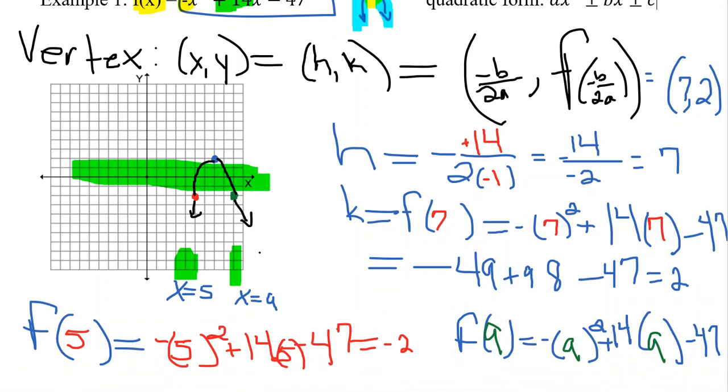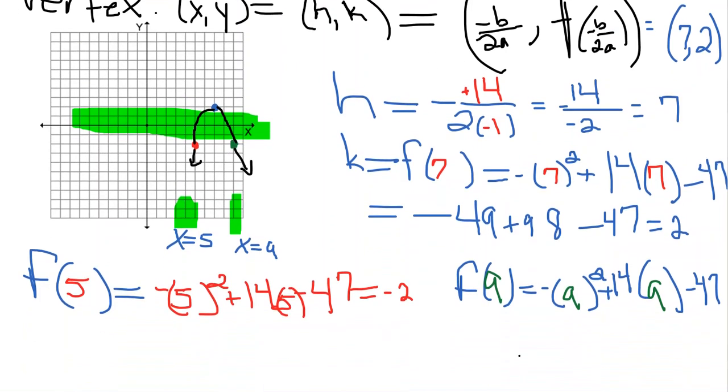And if we want to talk about the domain and range, let's do that for a second. The domain is all x values, right? Whenever I read the domain, I always start from negative infinity and go to the right, to positive infinity. What do I see?